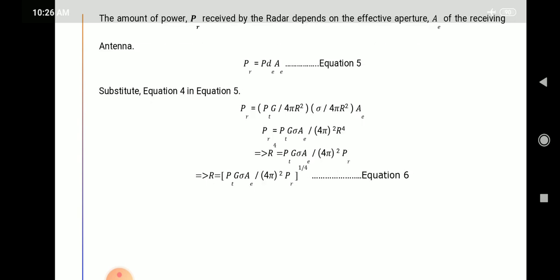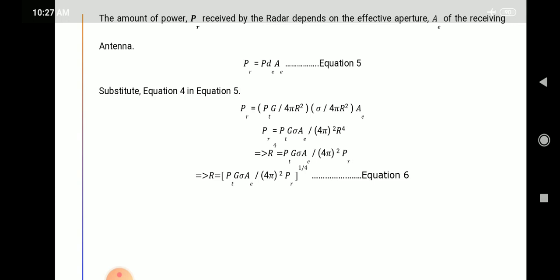The amount of power PR received by the radar depends on the effective aperture, AE, of the receiving antenna. Therefore, PR is equal to PDE AE. Substituting equation number 4 in equation number 5, we get PR is equal to PTG upon 4 pi r square into sigma upon 4 pi r square AE.